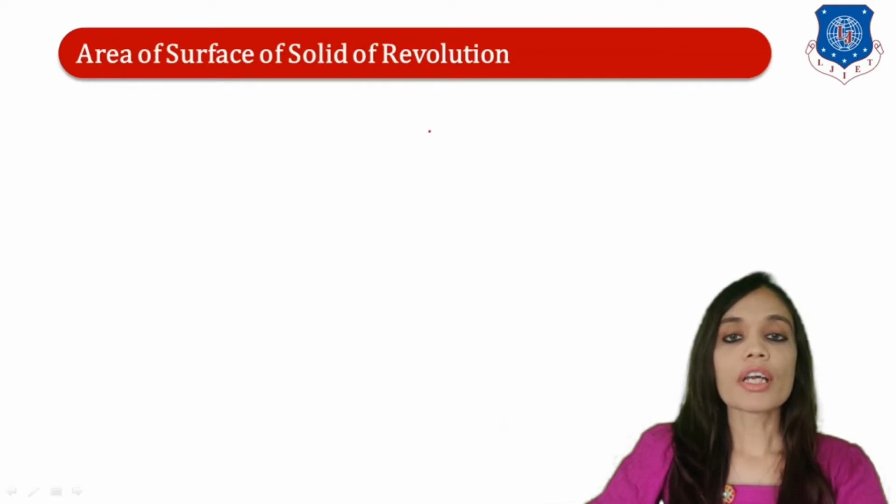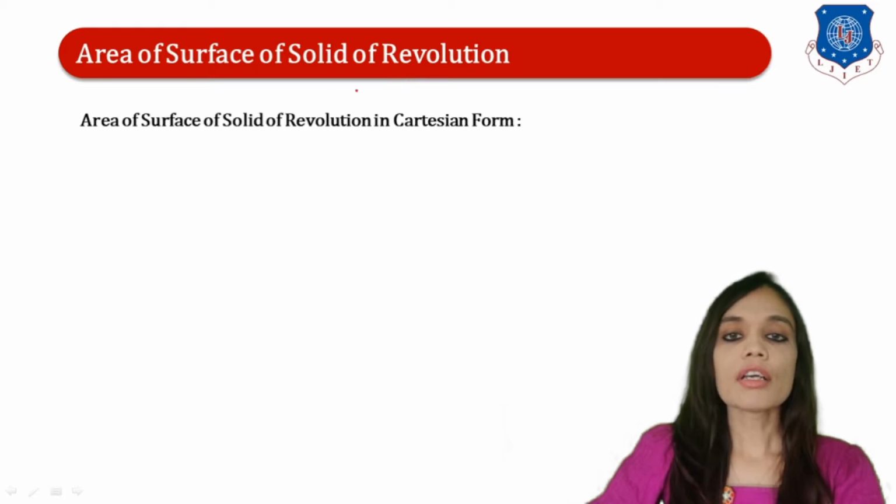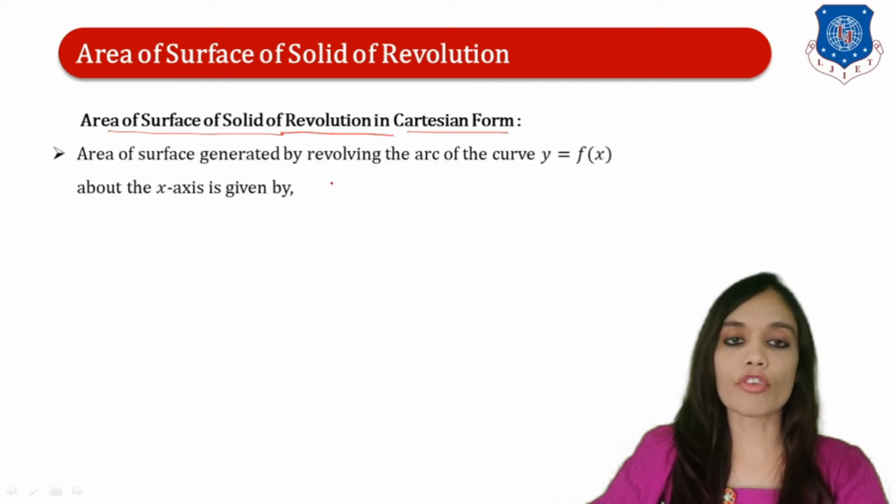So now let us study the next topic, that is area of a surface of solid of revolution, right? So the area of the surface of a solid of revolution in Cartesian form.